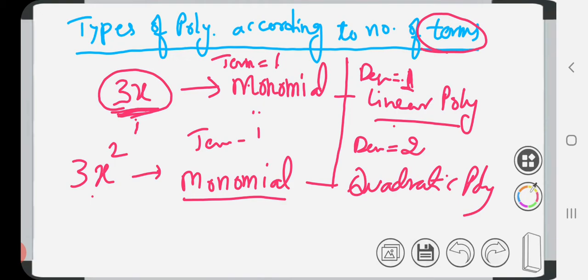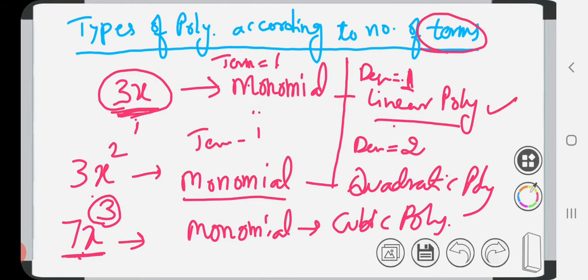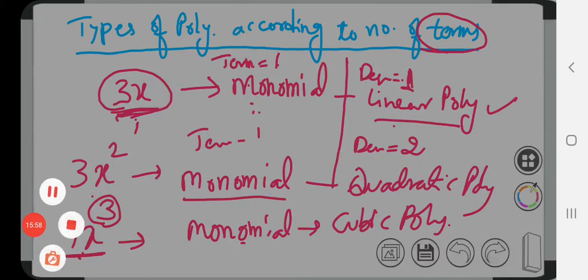Okay, I can write 7x power 3. It has only one term, so it is monomial. Similarly, the degree is 3, therefore it is a cubic polynomial. Like this, based on the power we can name it, and based on the terms we can name it. If it has only one term, that is called monomial.